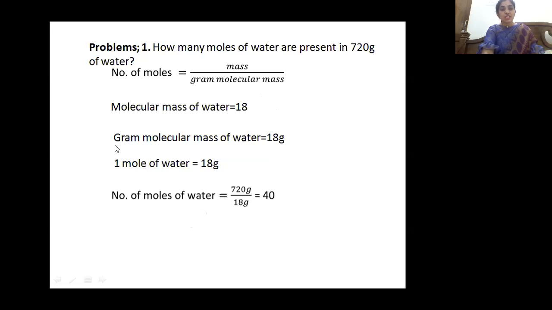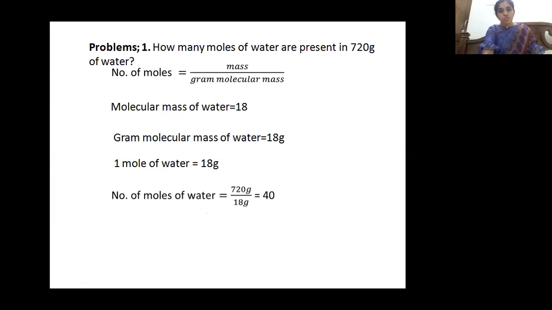Now let us pass on to the problems. Let us try to solve one or two problems. How many moles of water are present in 720 gram of water? Number of moles we know very well is mass by gram molecular mass. Let us calculate molecular mass of water, H2O. For oxygen it is 16, plus H2, it is 2 into 1, 2.